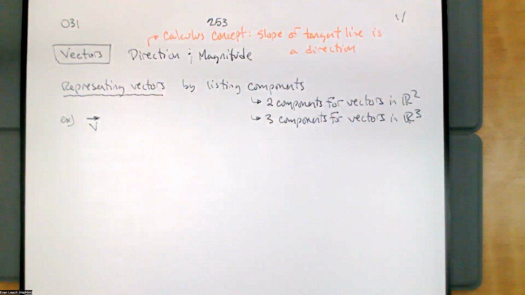When we name vectors, we use letters like usual, but we want to differentiate vectors, quantities with magnitude and direction, from scalars, which are just magnitudes.